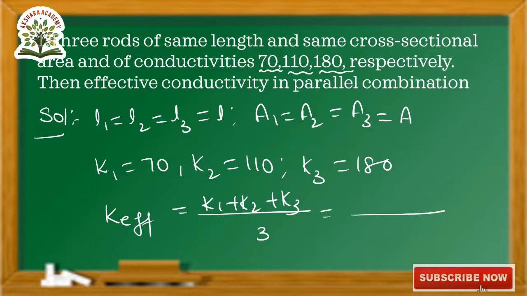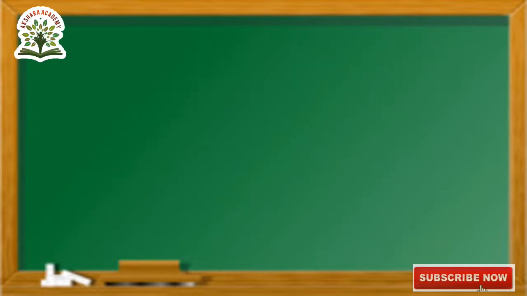So substituting all these values, (70 plus 110 plus 180) by 3, that is equal to (180 plus 180 plus 180) by 3. Next, 360 by 3.